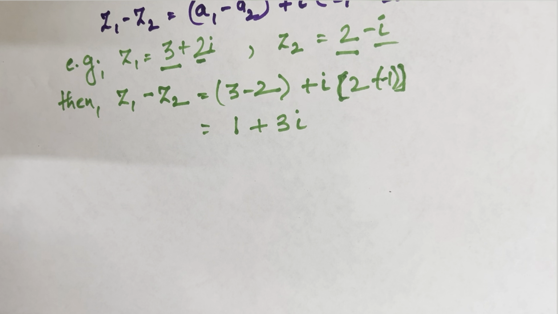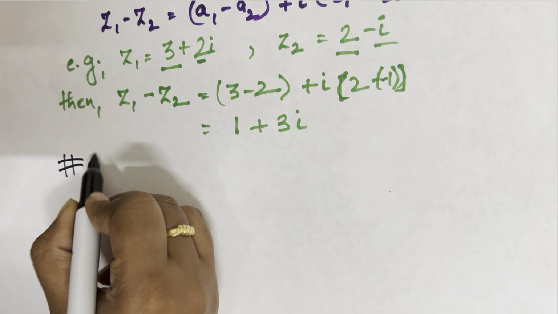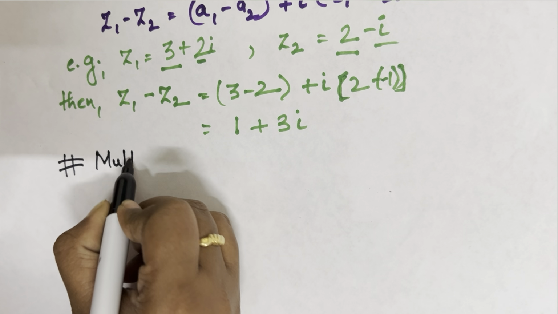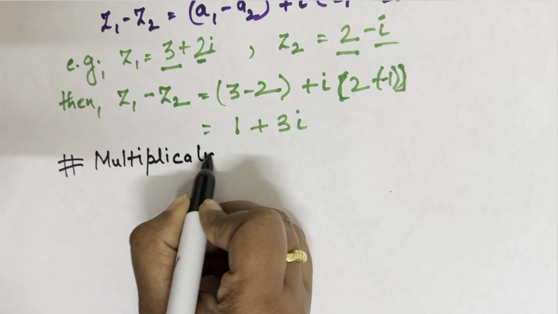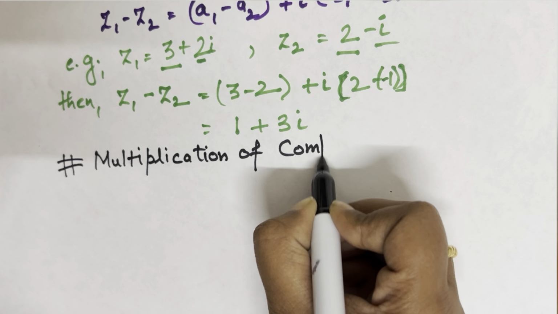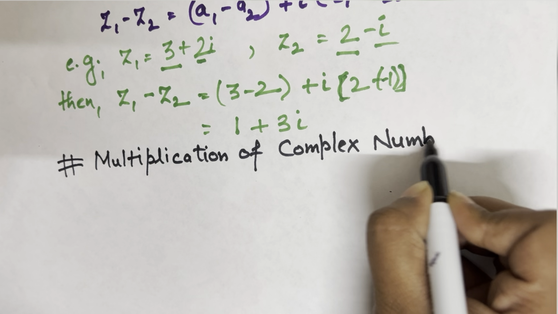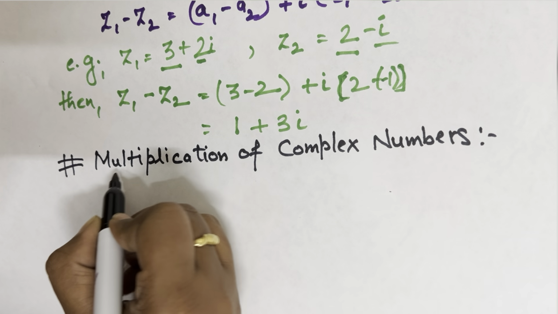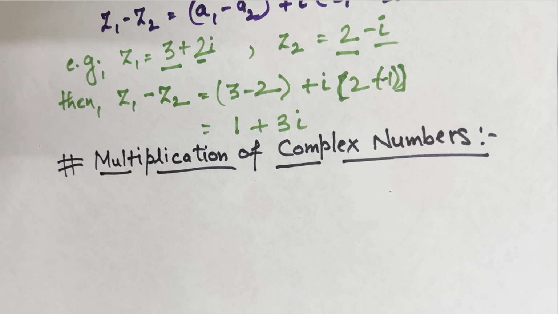Now moving on to the multiplication part of complex numbers, that is what we are going to discuss is multiplication of complex numbers. So we will understand this again with the help of an example.